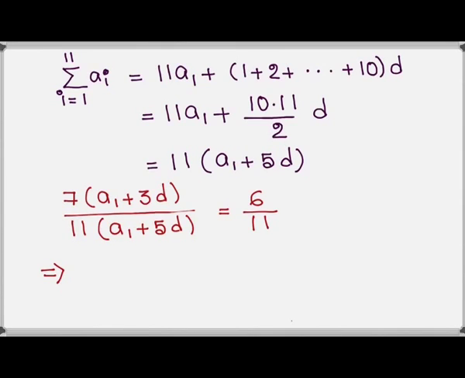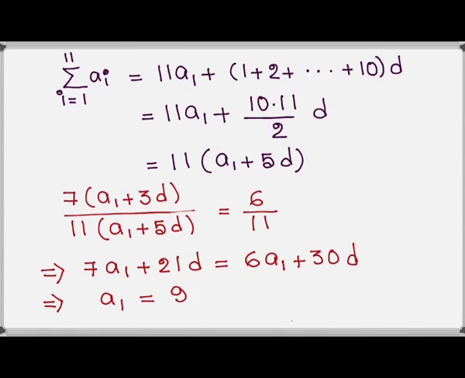That means 7A1 plus 21D is equal to 6A1 plus 30D. That is A1 is equal to 9D. We are also given that 130 is strictly less than A7 and A7 is strictly less than 140.